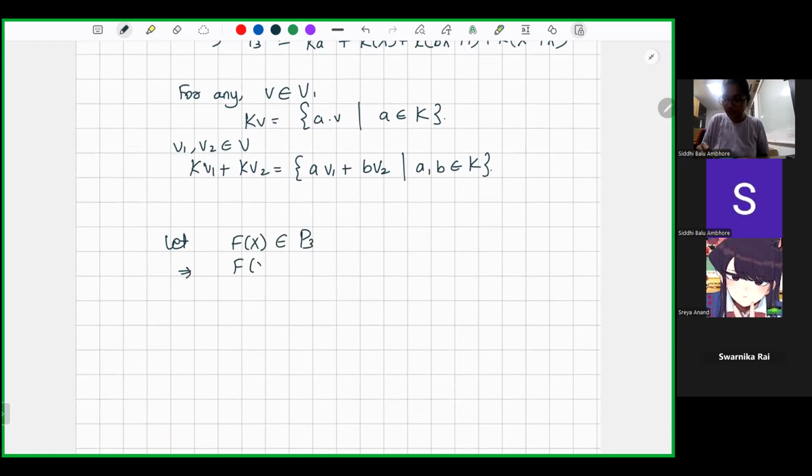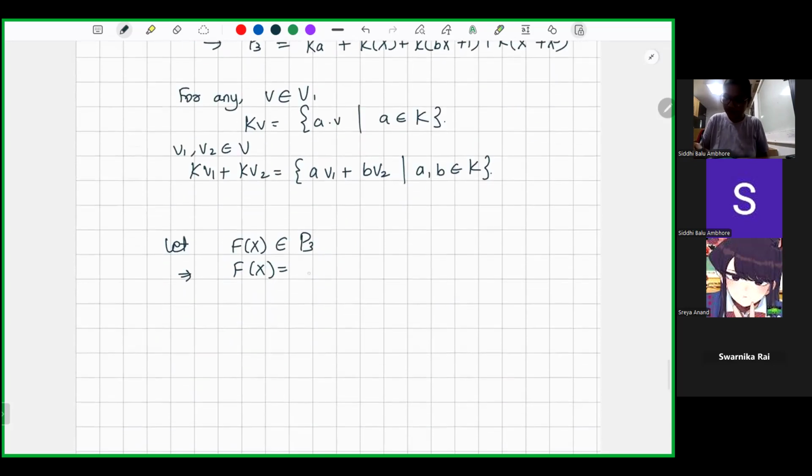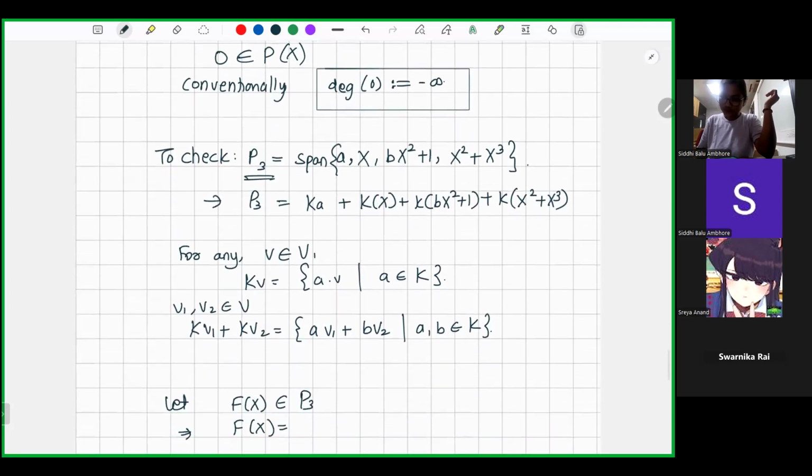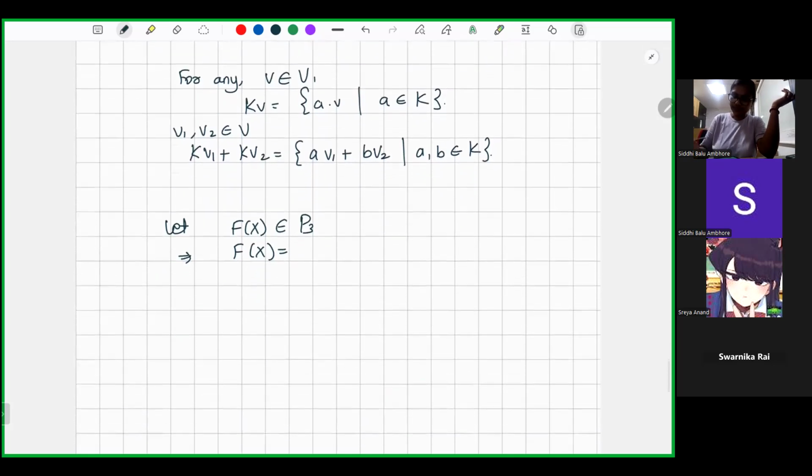So this f(x) will look like this, right? Let me use f itself: f0 plus f1 x plus f2 x square plus... I don't really want to use f1, f2, f3. What variables would work? Let us take c, d, e, f. So c plus d x plus e x square plus f x cube, right?